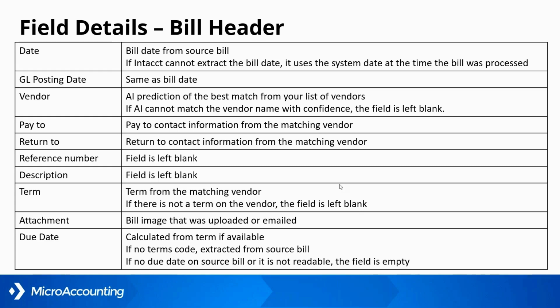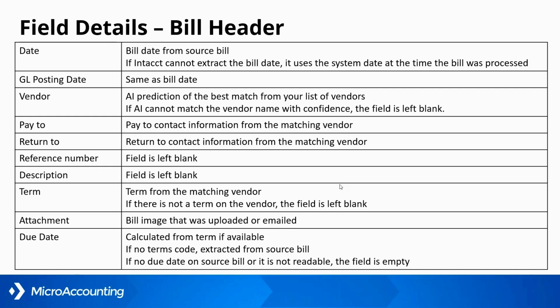For the vendors, it's going to use that AI predictor to find the best match of that vendor. If it can't find that vendor with any confidence, then it's going to just leave that field blank, and it's going to put an exception on that and say this needs to be resolved so that you can fix that bill and finish populating that data.